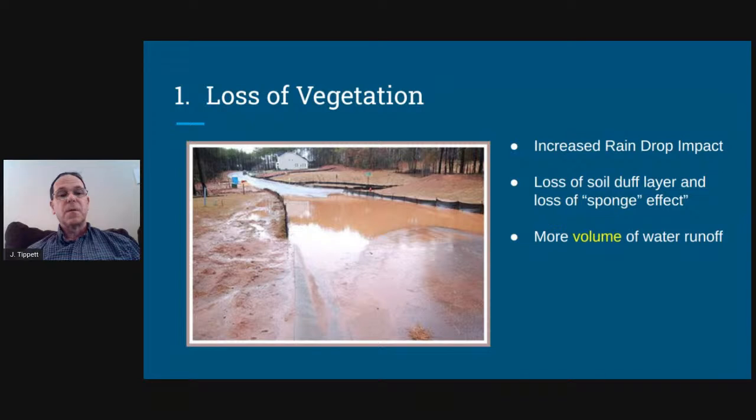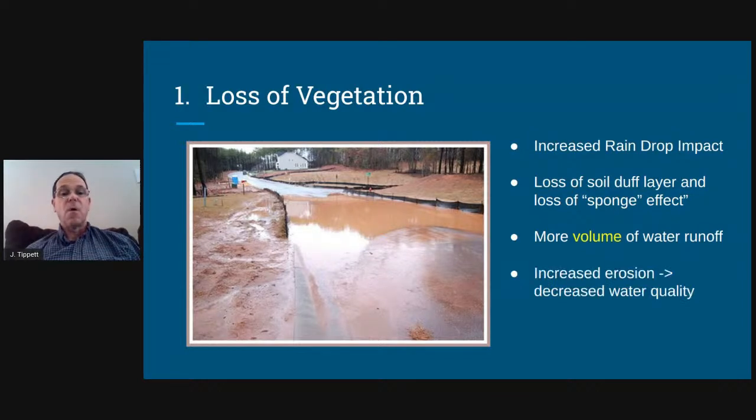And so a rainstorm event that may be an inch, well, when there's plants on the ground, 3/4 of an inch of that rain could actually just get sucked right into the ground, because the rain follows the root tracks down in. But when you have something like this you see in the picture, most of that rain will just run off, because it just becomes slippery, and there's no pathways for the water to infiltrate into the ground.